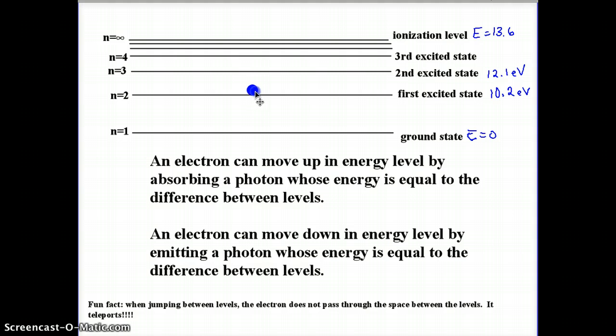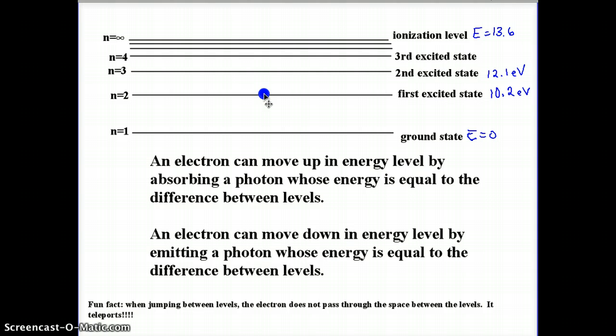But for any transition within the atom, the energy that is going to get absorbed or emitted has to be exactly equal to the difference between two of the levels. To go up from the first excited to the second excited, I have to absorb 1.9 electron volts. To go down, I need to emit 1.9 electron volts.